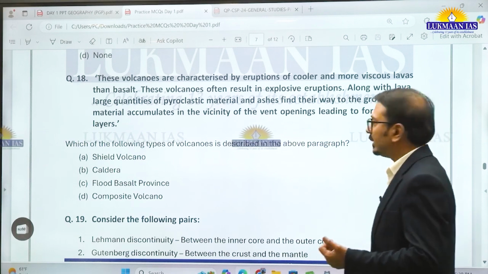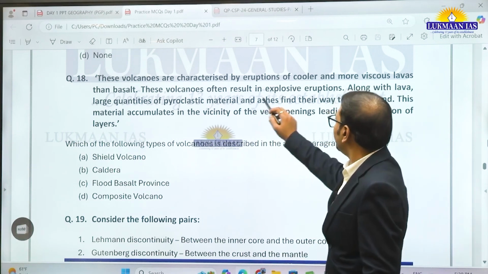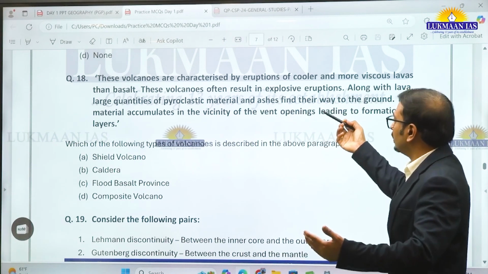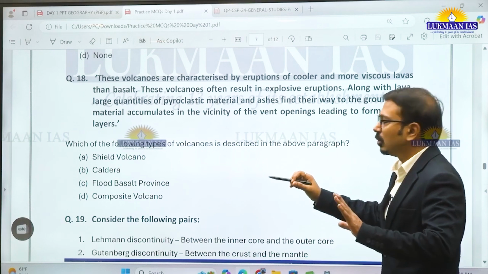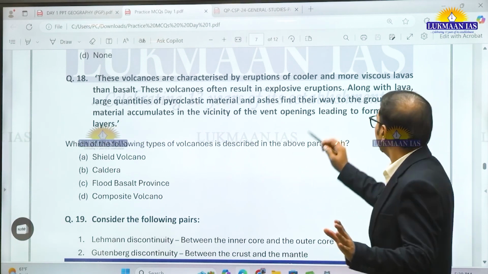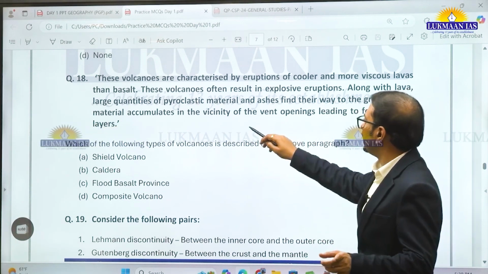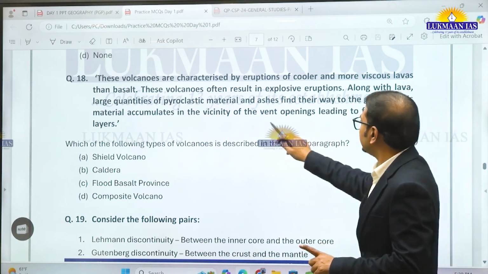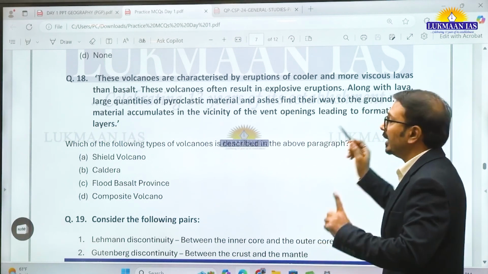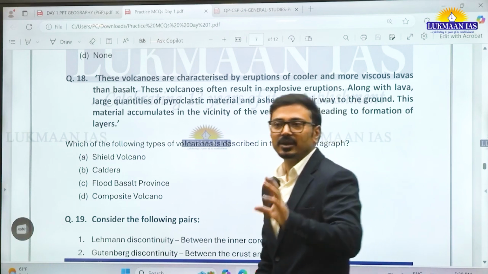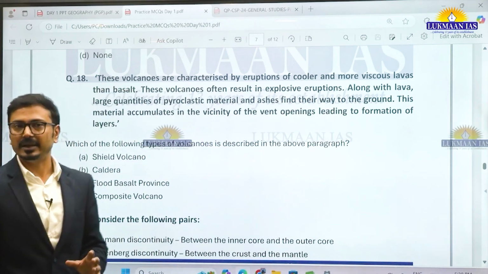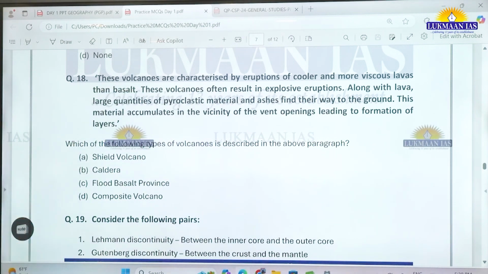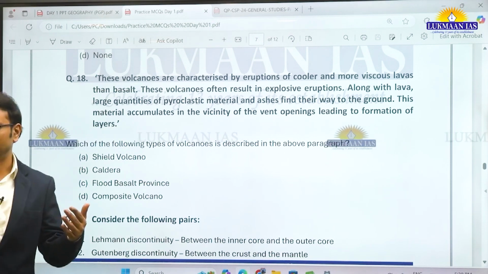I have eliminated that. Then these volcanoes often result in explosive volcanoes. It can be caldera or composite. Still confusion. Along with lava, large quantities of pyroclastic material ashes leaves the ground. The material accumulates in the vicinities, leading to formation of layers. Formation of layers is stratovolcano or composite kind of. So see, we have to understand the information and keep eliminating.